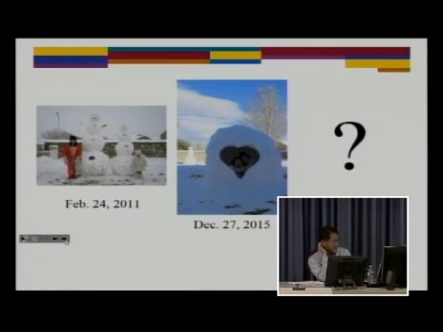Okay, I'd like to share these pictures that I've taken. The first picture here was taken back in 2011. At the time, around February 24th, we had a heavy snow, believe it or not, here in Las Cruces. For 3 days, all the schools were closed.